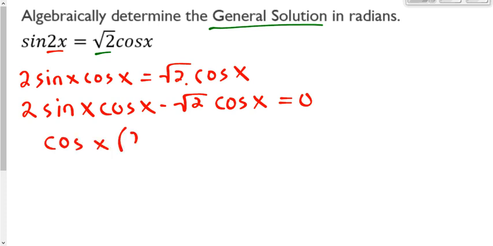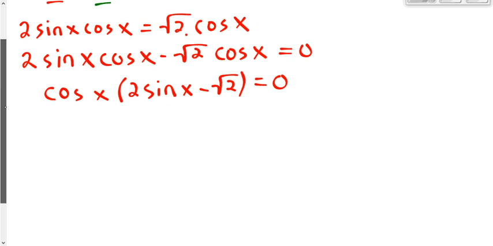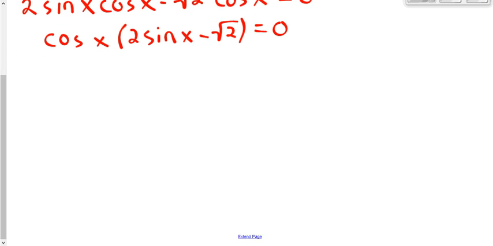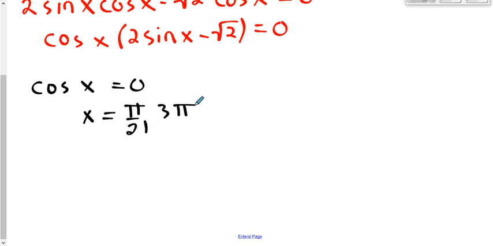And I'm left with cosine x times 2 sine x minus square root of 2, all equal to 0. Now we're left with two cases. Our first factor, where cosine x is equal to 0, occurs in two places, where x is equal to pi over 2 and x is equal to 3 pi over 2.